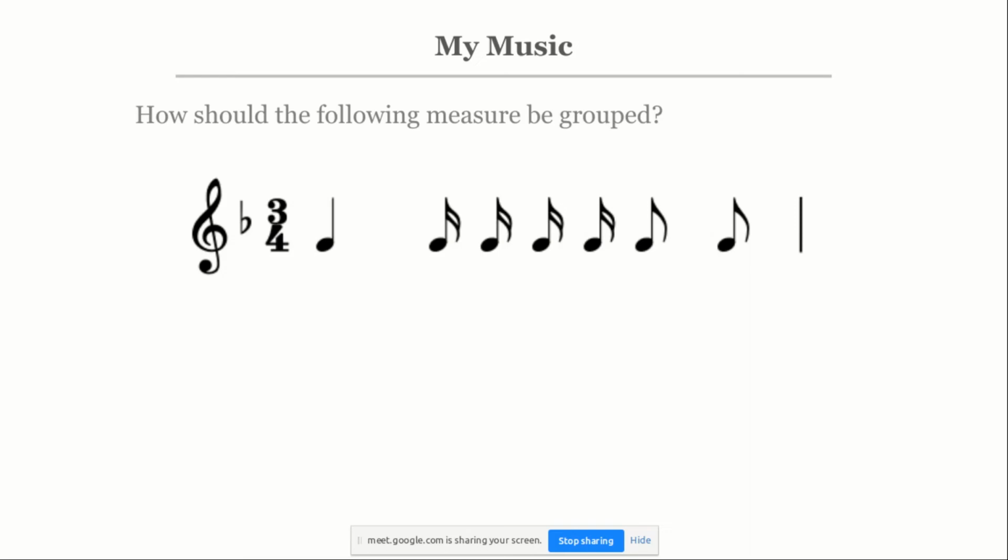Yes. Now tell me how we are going to group this one, then we'll hear from someone else. Look at the time signature, it will help you know how to group.